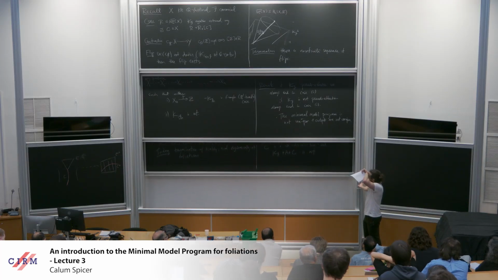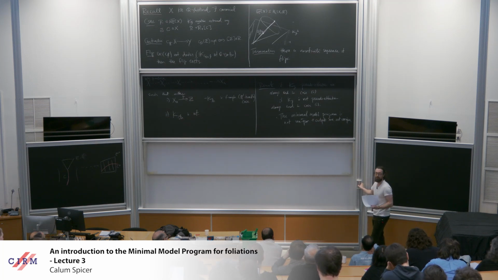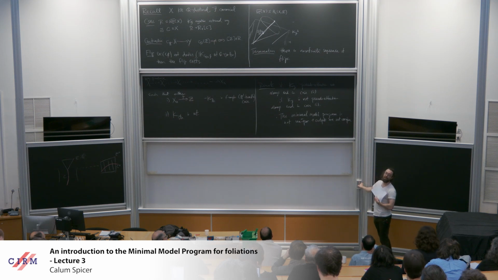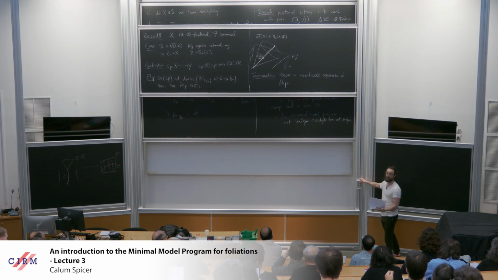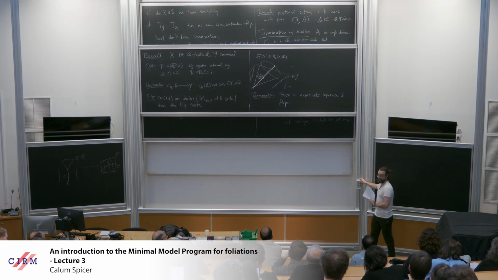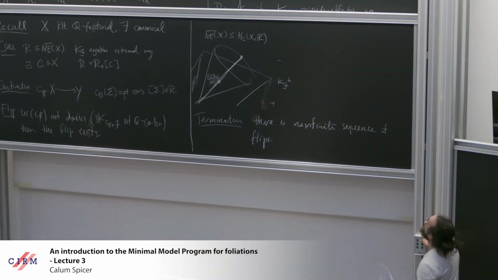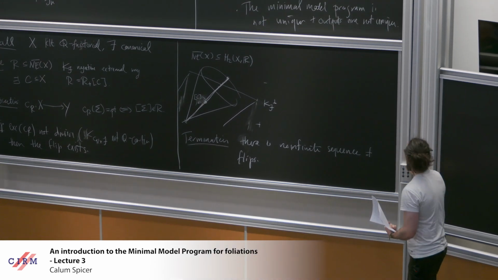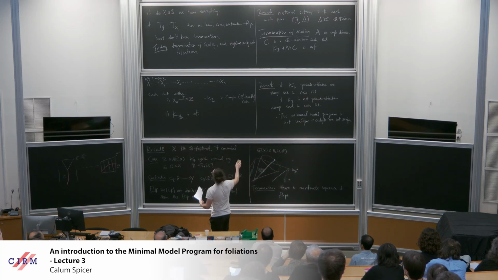So the idea with scaling is that we're going to use this divisor C to choose our flips for us. So again, with the usual MMP, it was up to me or you to choose the flip, which is not necessarily a good idea because maybe we make bad choices of flips and so our process never terminates, hypothetically. The idea is that with termination with scaling, by choosing this divisor C, we're guiding our choice of flips and we make, hopefully, smarter choices.